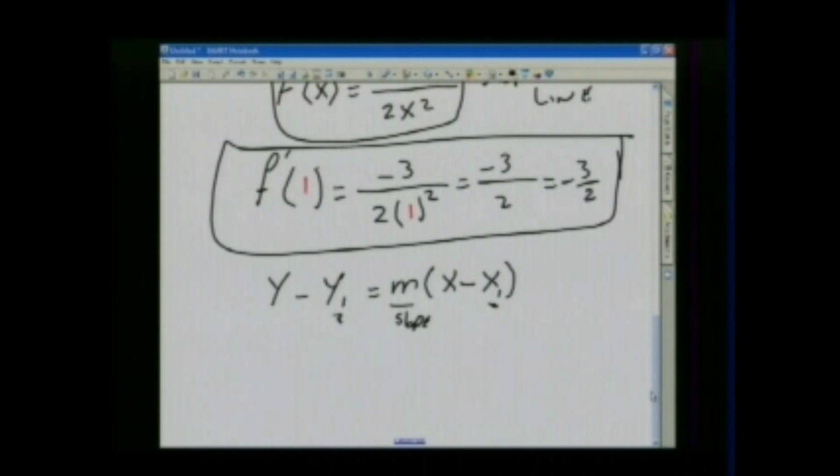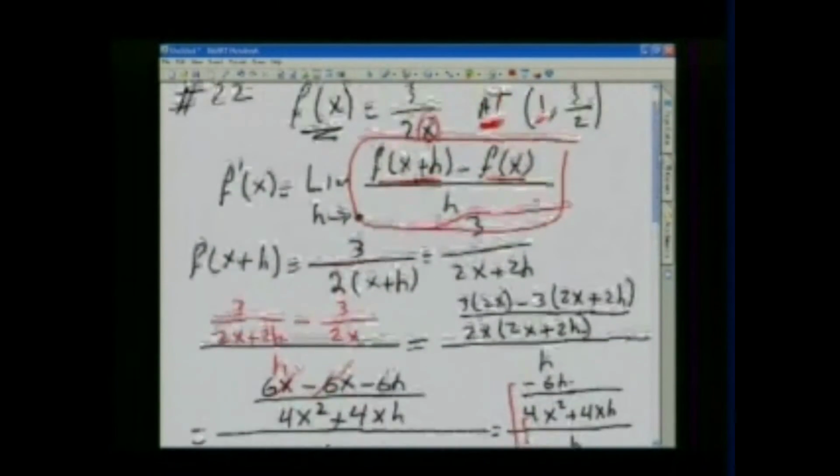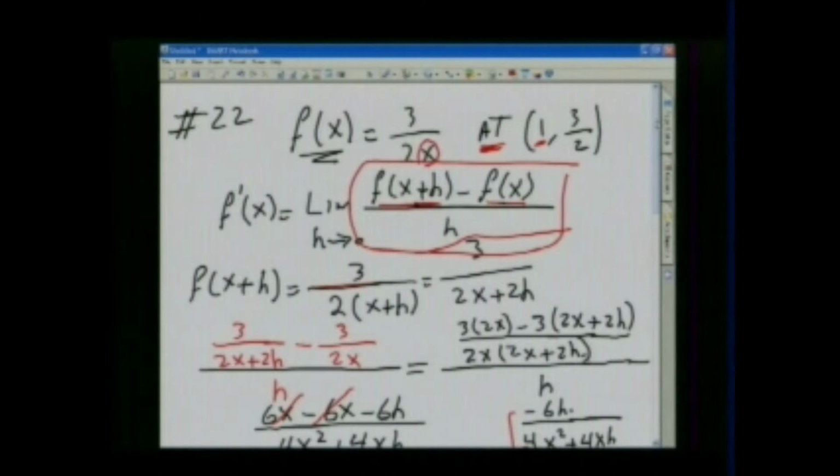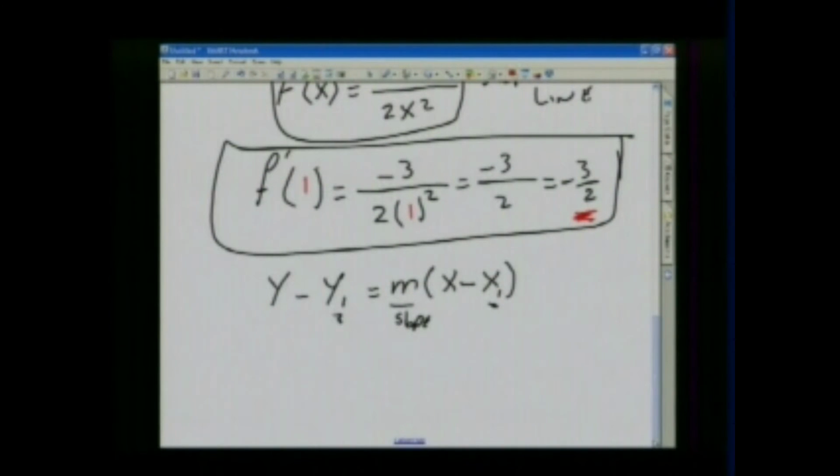Well, the slope I already found right here, and the coordinates of the point I'm looking for are given in the problem. The coordinates of the point are 1 and 3/2. The x value is 1, the y value is 3/2. So x1 equals 1, y1 equals 3/2. I plug them in here.